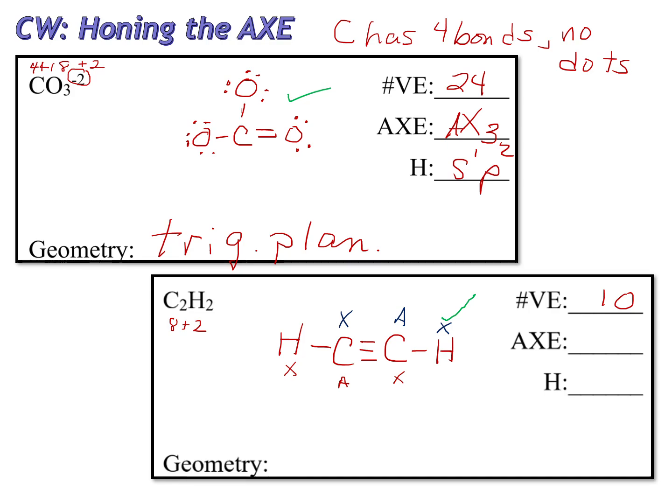So that means our AXₙ notation is AX2. And if you look up at the top of the AXₙ chart that I showed you earlier, that tells you it is linear. And then the hybridization for this one would be S1P1, or SP, once you get into organic chemistry. They don't use the ones.